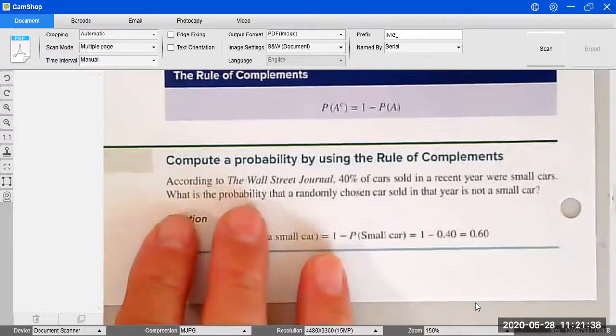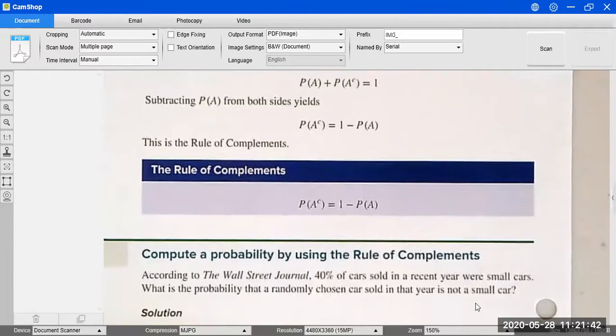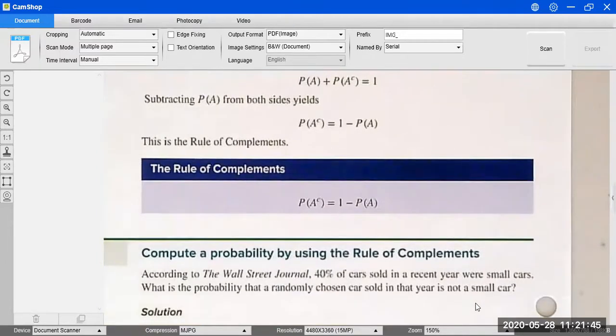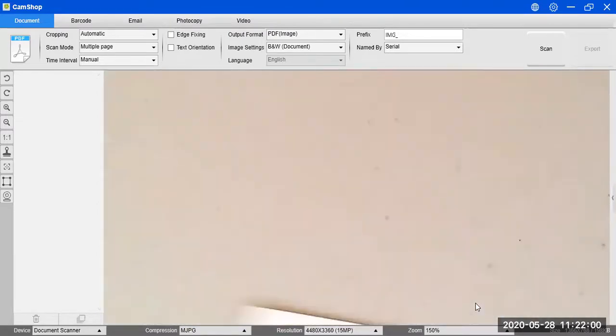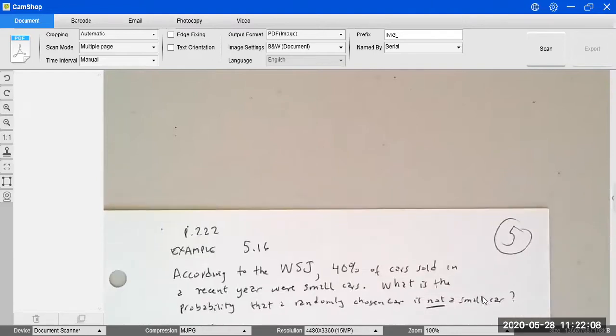It says that according to the Wall Street Journal, 40% of cars sold in a recent year were small cars. What is the probability that a randomly chosen car sold in that year is not a small car? So that's example 5.16. I just have here the notes.